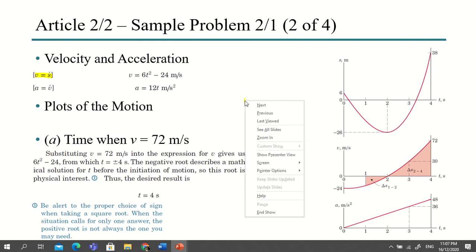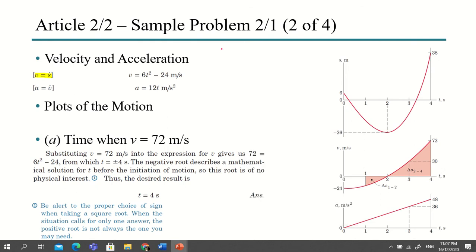From the given, we're given the function s, the displacement as a function of time, which is equal to 2t cubed minus 24t plus 6.